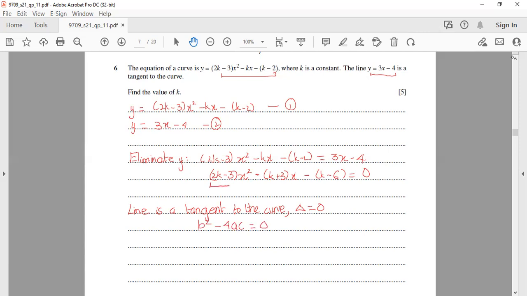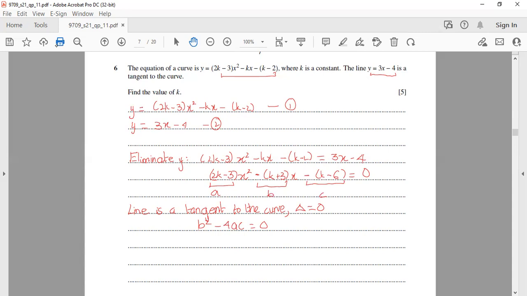So from this, this is a, this is b, and this part is c.